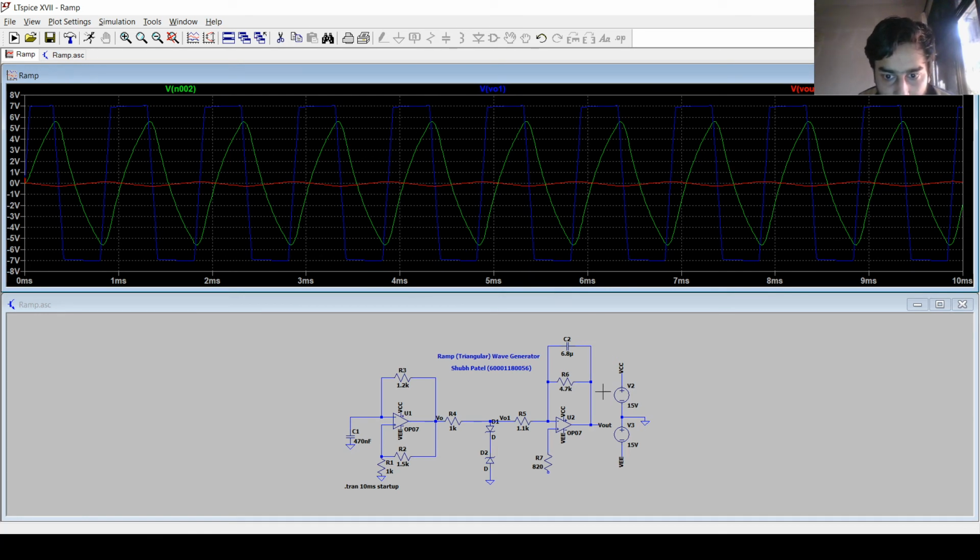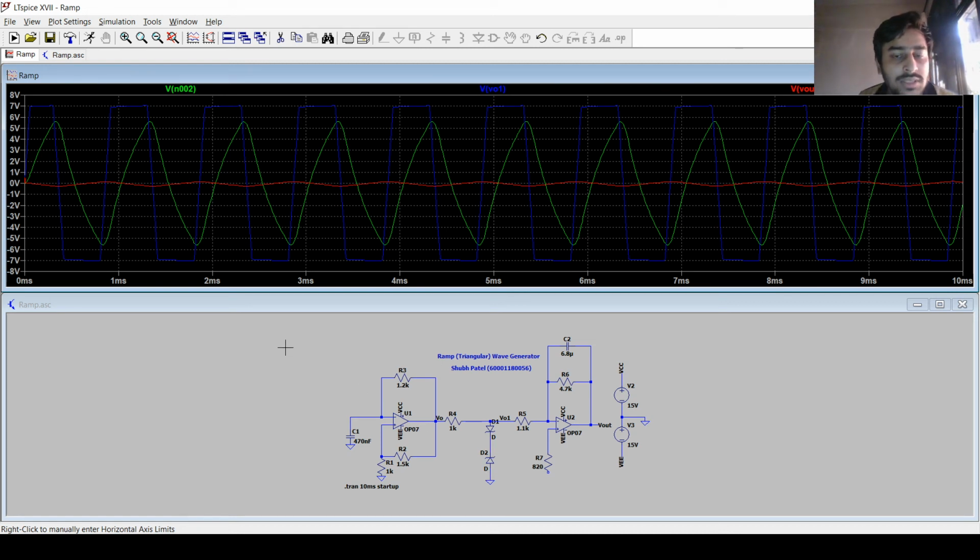And at this particular position, that is after the integrator, this red waveform, which is the triangular waveform, will be produced. The triangular waveform is basically produced due to the integrator circuit, and its frequency is the same as the square waveform because of this combination of Zener diodes.